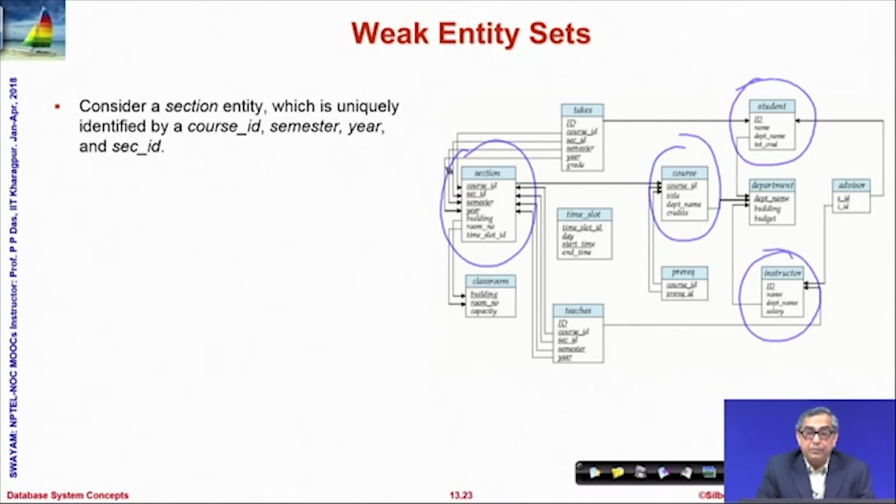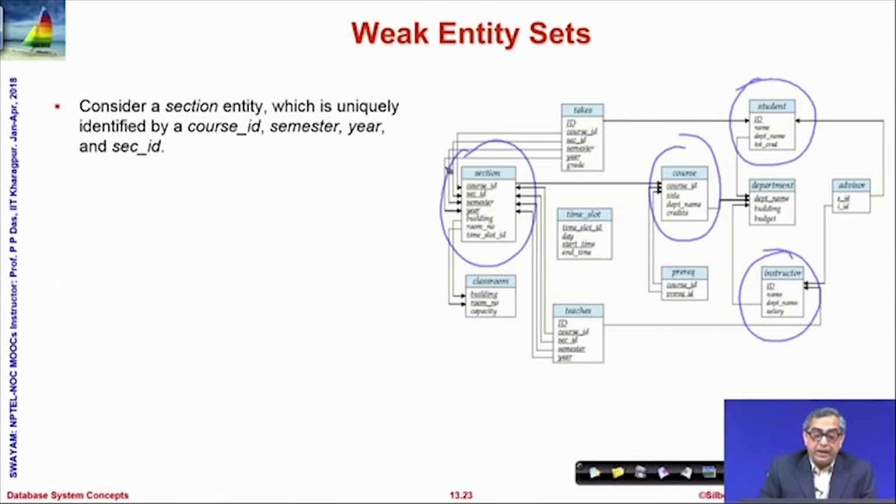So, for the same course in the same semester in the same year, I may have different sections into which the students are divided, and naturally there could be multiple instructors, each teaching one section of that course, and students will be distributed on the sections, not on the course.